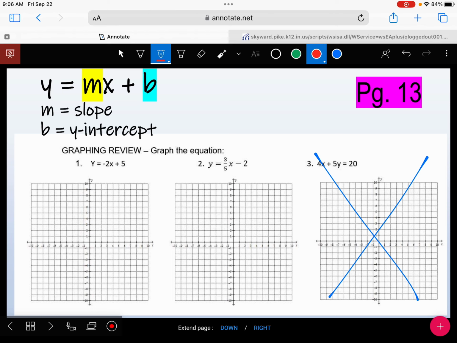All right, so you're going to start by finding your slope. What's the slope of this first equation? What's the number in front of x? Negative 2. And the y-intercept is 5.